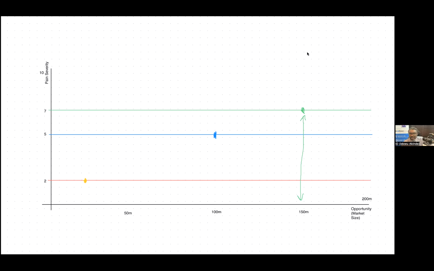Now, the next question is, how many people can you find that are experiencing that problem at that 7/10 level? And if you can find a lot of people, then hey, you found a problem that you can most likely build a successful business upon, all other things being equal, and so on and so forth.